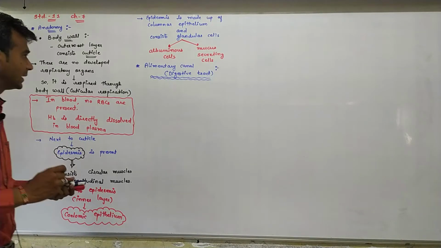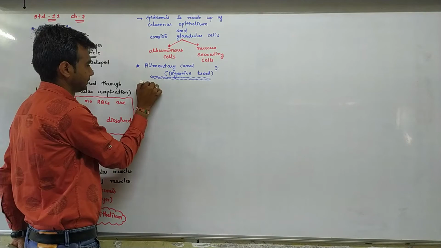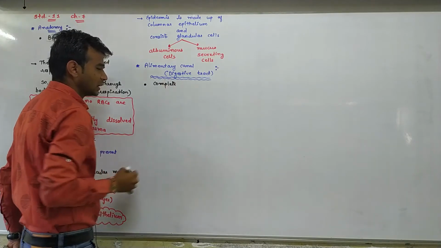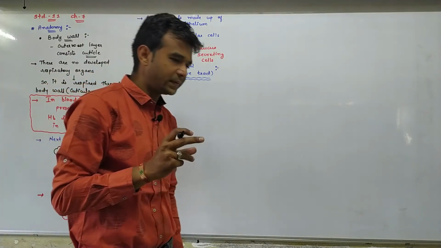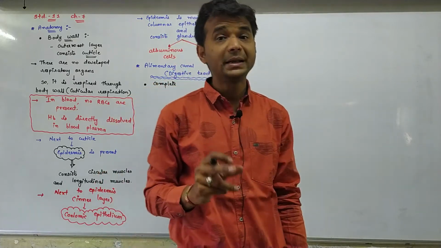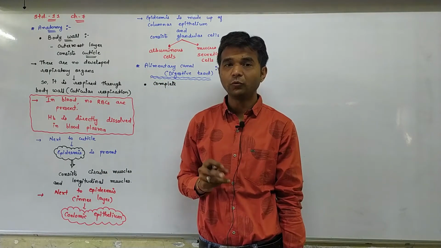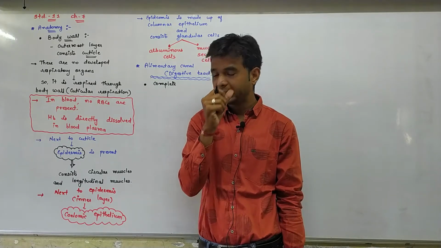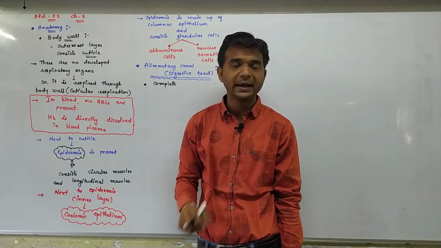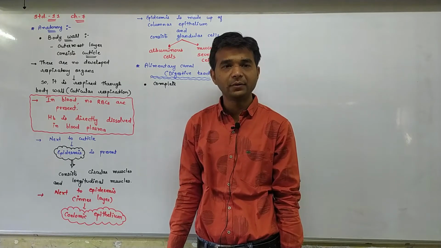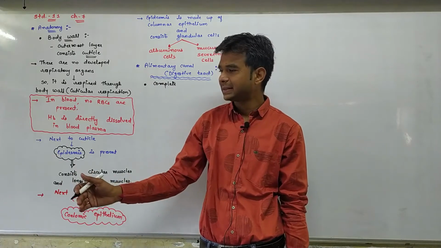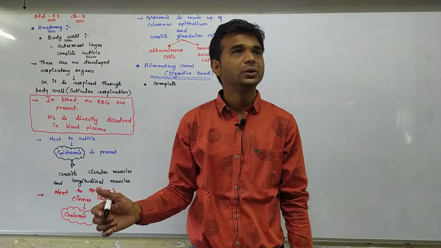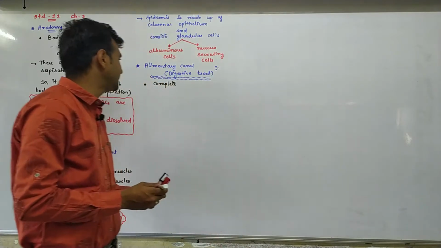See, the alimentary canal is complete. You know that on the first segment the mouth is there. Complete alimentary canal means both sides are open. In the first segment, the alimentary canal opens in the form of the mouth, and in the last segment, the alimentary canal ends in the anus. So here the alimentary canal is of complete type. Fine.